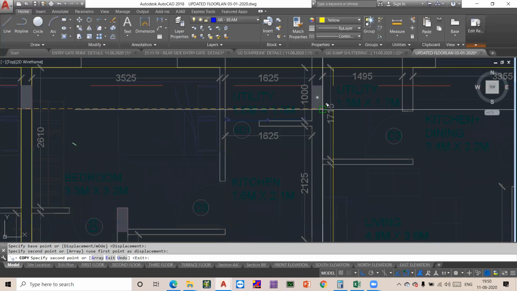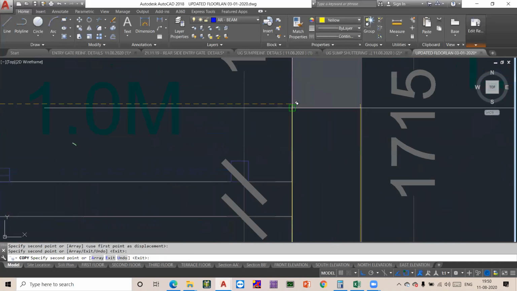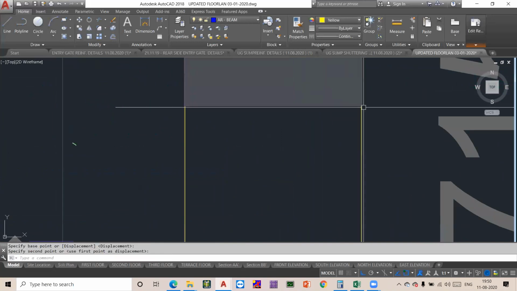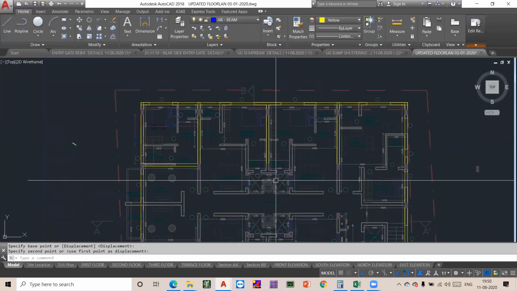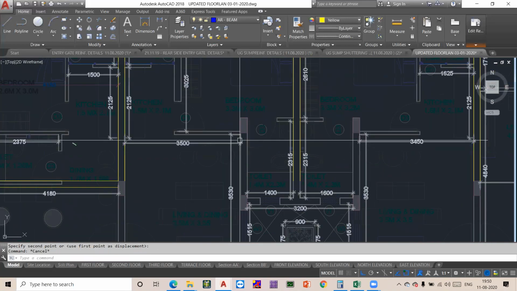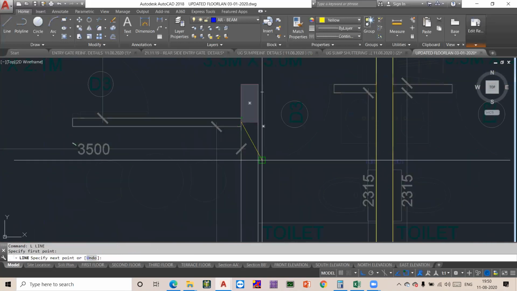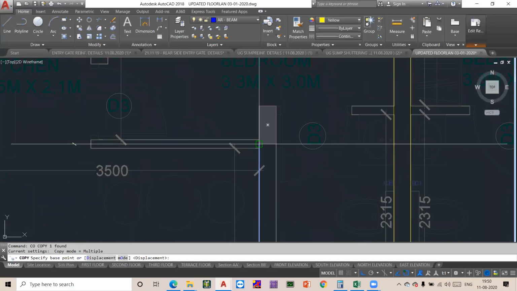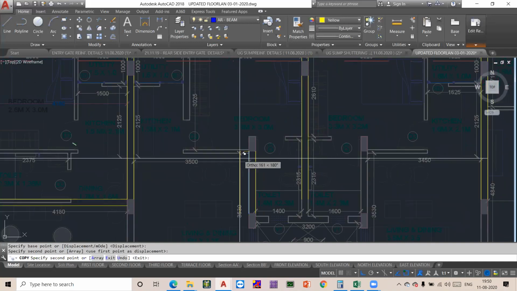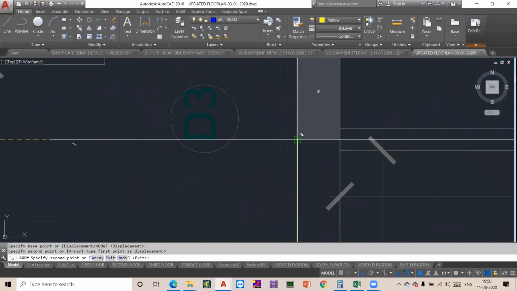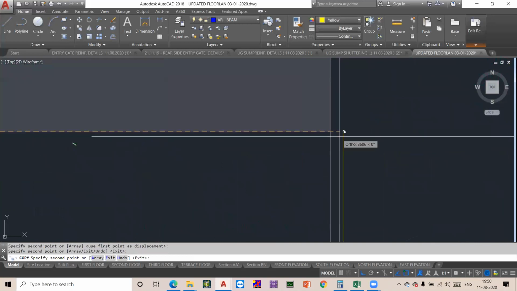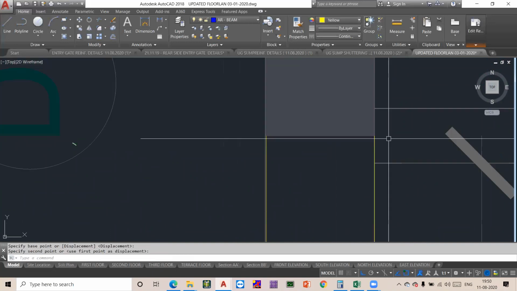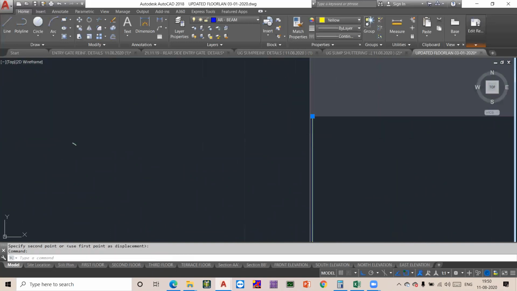Okay, I'm copying all the beams to the desired locations. Once done with this, I will be further copying it here. You can use the combination of these commands, offset and copy, to achieve your beam layout.